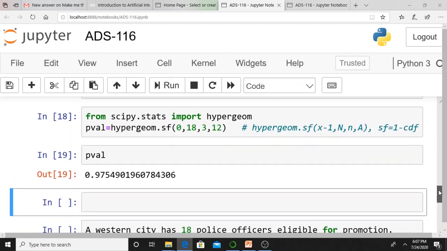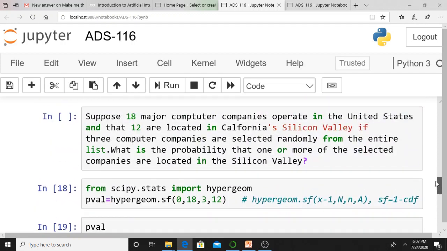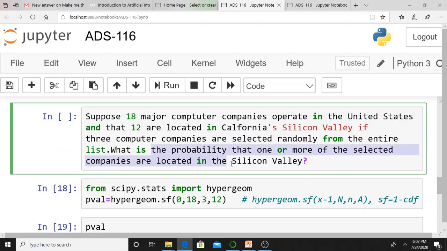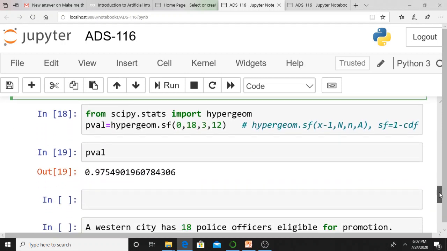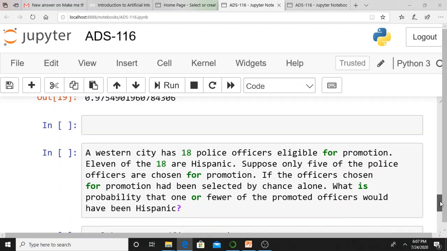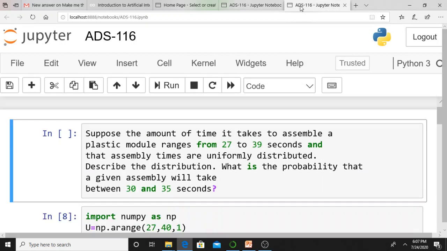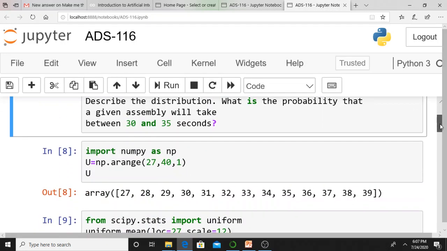What is the probability? 0.9754. The probability that 1 or more of the selected companies are located in Silicon Valley is 0.9754.